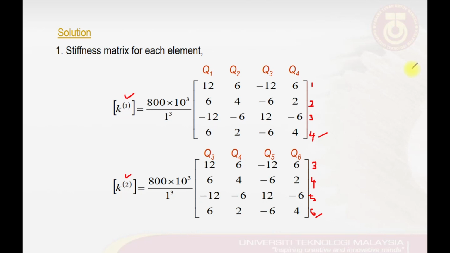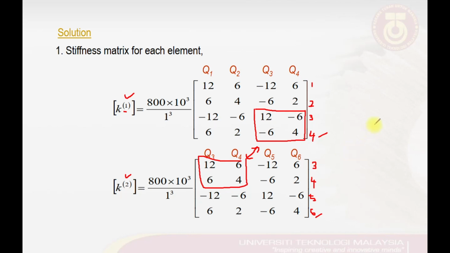But we can see from these two matrices there are several elements, which is these 4 elements, which reside in row 3 and 4 and column 3 and 4 in K1, and row and column 3 and 4 in K2. They are actually sharing the same address here.